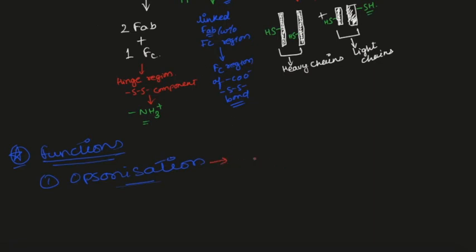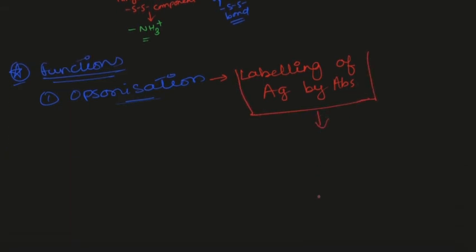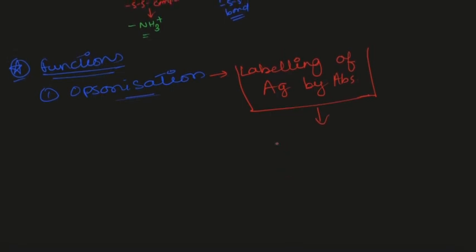Opsonization is simply defined as the labeling of antigen by antibodies. And what is the impact of this opsonization? It induces phagocytosis.